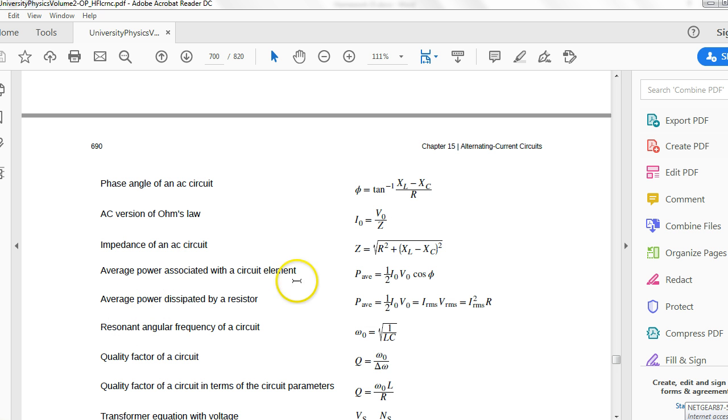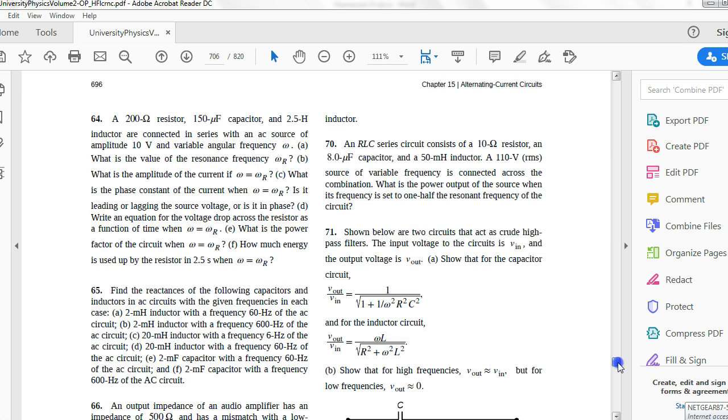Power dissipated by a resistor, 1/2 I naught V naught, which is just the RMS current and voltage, right? It's nothing different there. Resonant frequency for an LC circuit, we covered that in the last chapter.